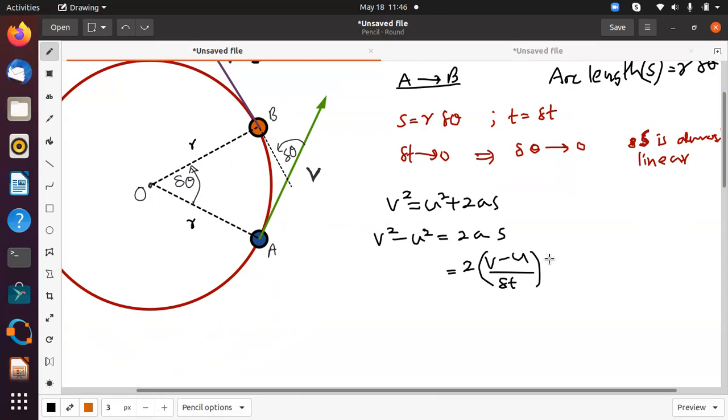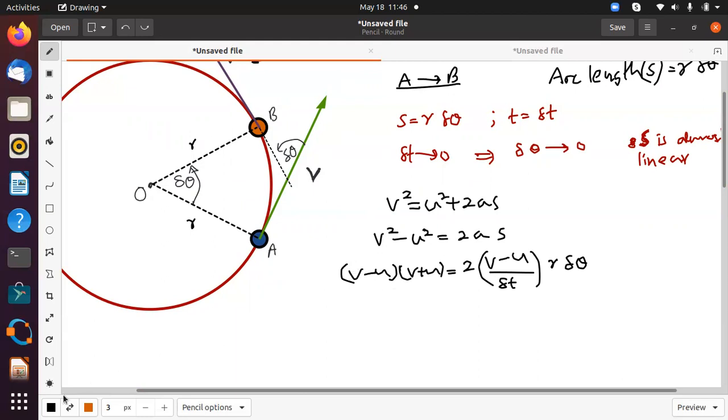And what is s? From this diagram, you can obtain s. S is r delta theta. So this can be written as v minus u times v plus u, equals 2 r delta theta over delta t. This v is not this v, okay? They don't have any relationship.